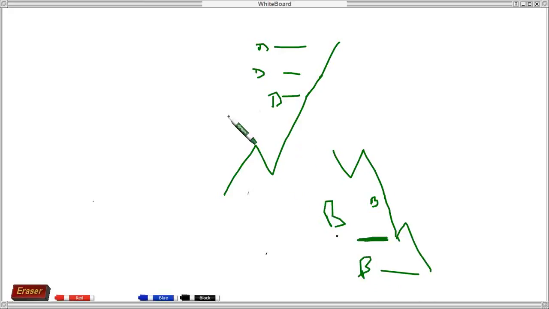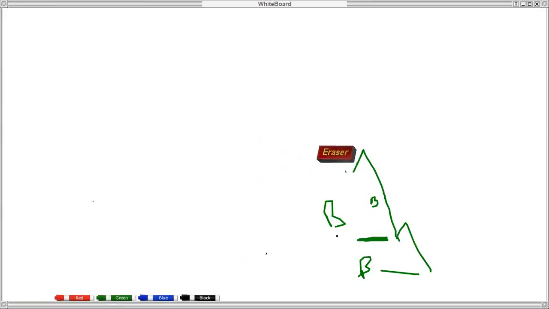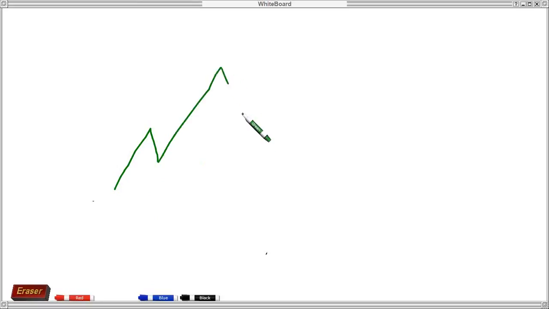You need more evidence. So what happened? The evidence could be that the market goes up, comes back, goes up, comes back, then goes up to this former area of resistance.